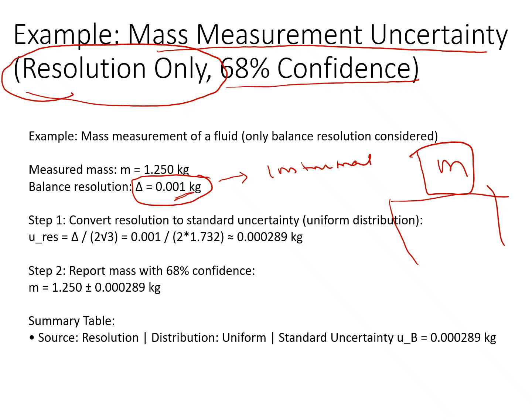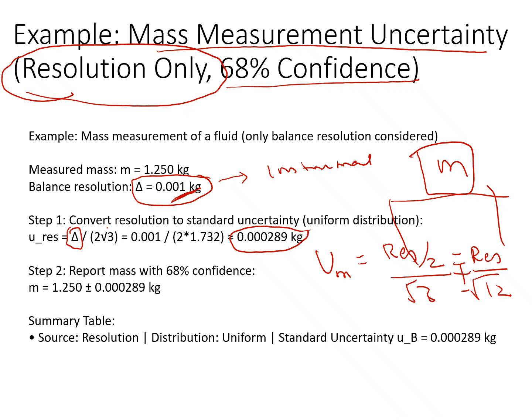Okay, and the resolution is this one. Now we know the uncertainty associated with the mass based on resolution is resolution divided by 2 and then square root 3, or it is the same as resolution divided by square root of 12. The same formula. This is plus minus.